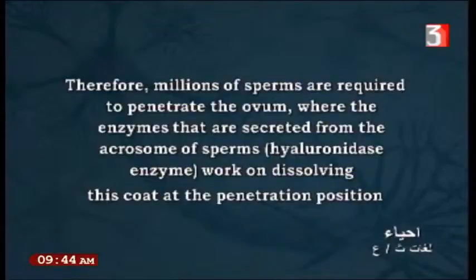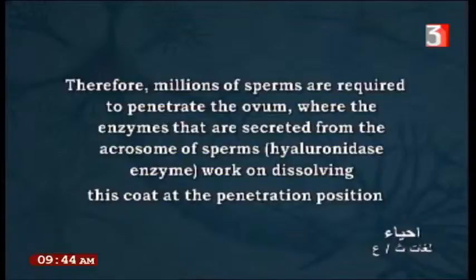Okay, the number of sperms may reach 300 to 500 million. These sperms penetrate the ovum by secreting the hyaluronase enzyme. This enzyme is secreted from the acrosomes of the sperm and leads to dissolving the strong coat found on the ovum.